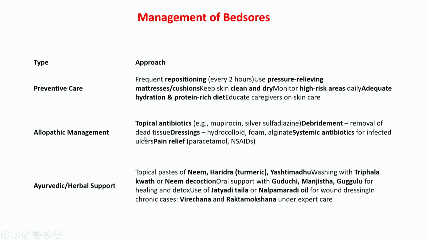If there is pain in the wound, then pain relief should be given. So this is very important. The topical antibiotic controls any infection, and proper dressing should be done. The wound should not be left open, and pain should be managed.